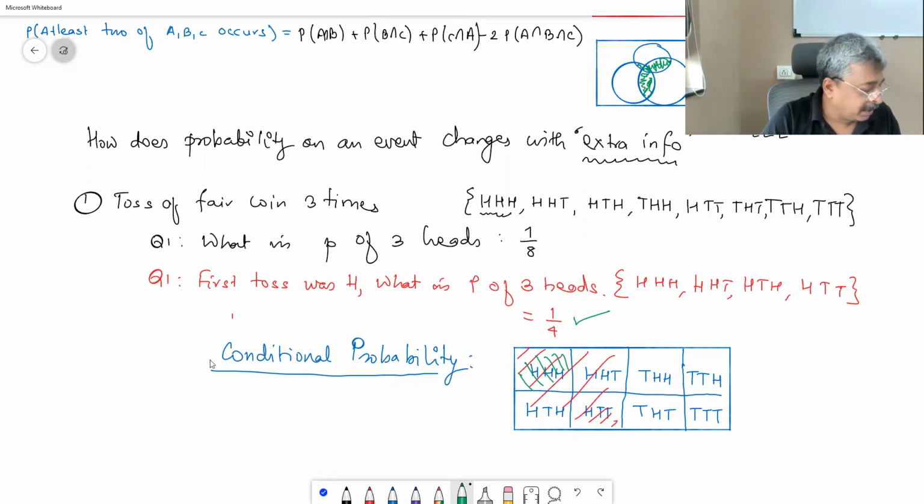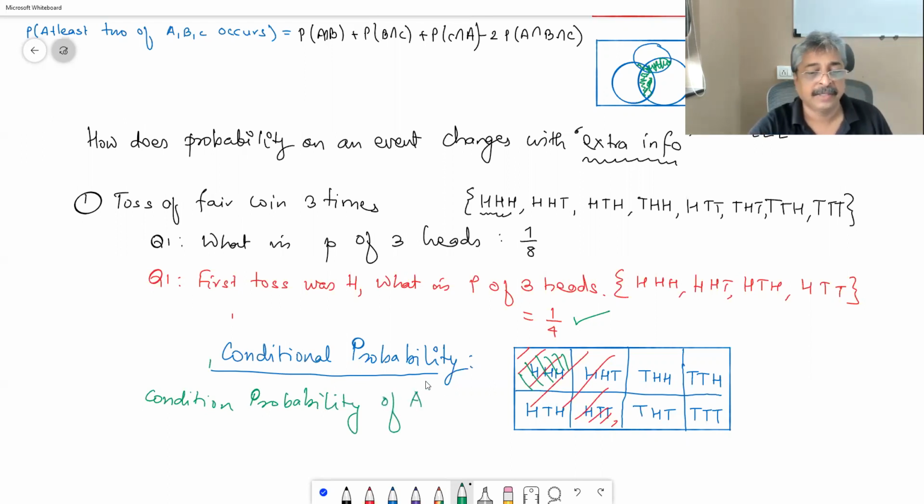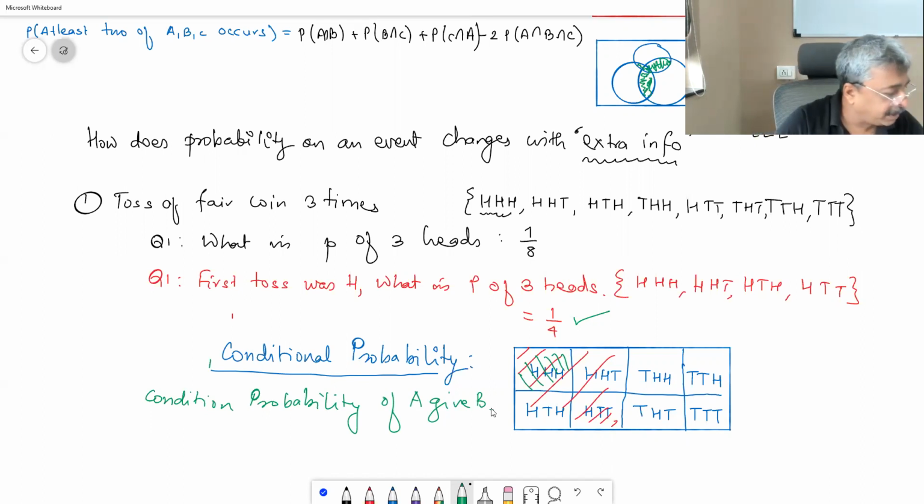So if I really want to put it in mathematical terms, what is the conditional probability of event A happening given B?